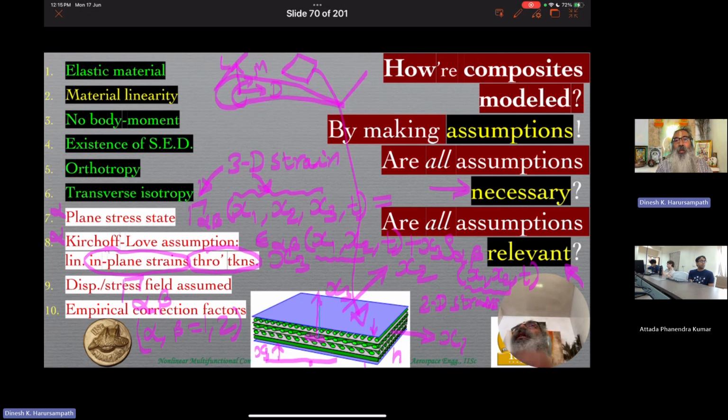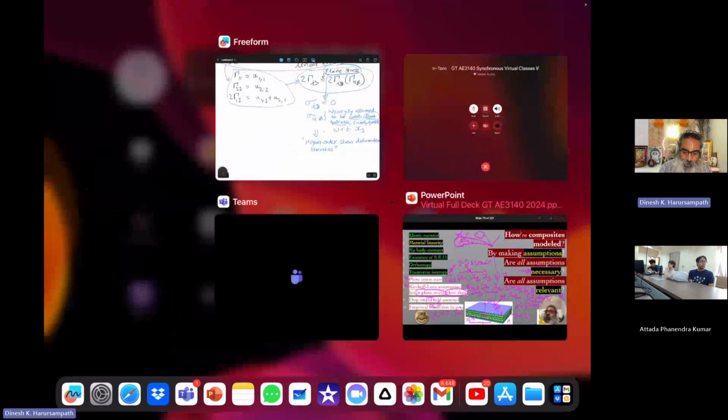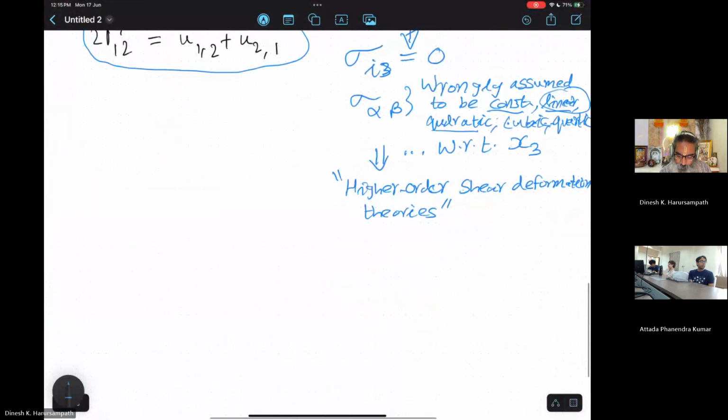If the error is fairly small, then it is acceptable. But if the error is large, then people end up with these so-called empirical correction factors. As I mentioned, Timoshenko beam theory is an example of that.